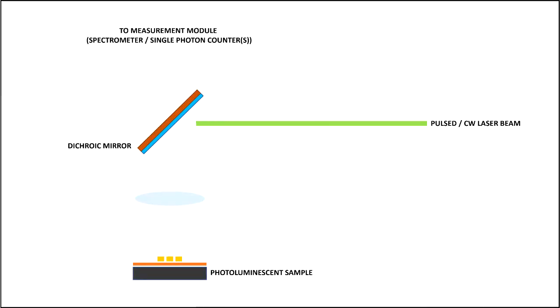In our setup, a laser beam is focused onto a sample in order to excite it. The photoluminescent emission from the sample is filtered from the reflected laser beam through the dichroic mirror and is then passed into the measurement module.